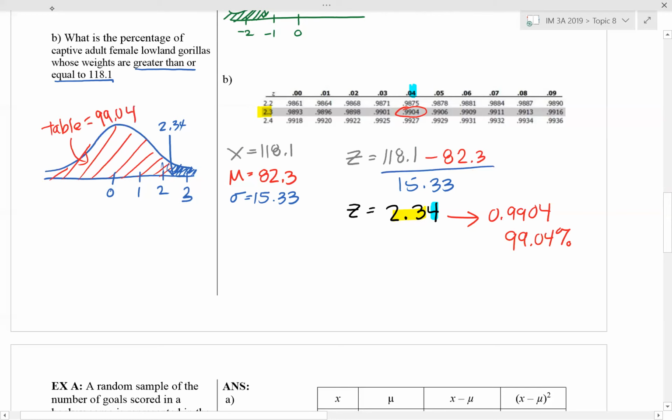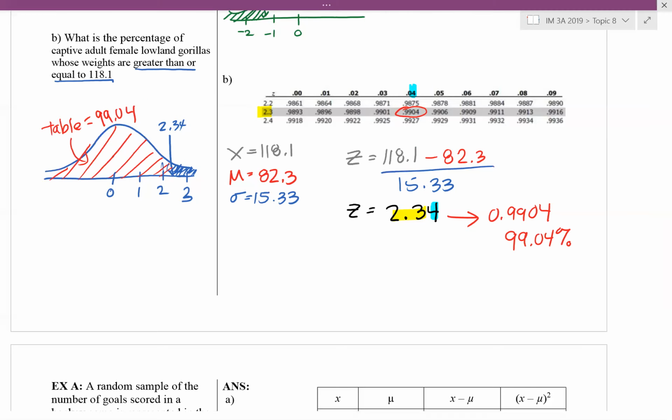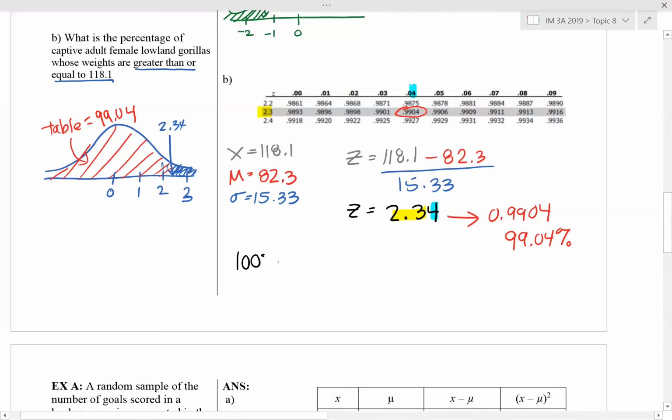So what I think about here is if I'm asking for something that's the opposite of what the table does, I'm just finding the rest, right? So that means that in order to find the rest, I'm going to do 100% minus 99.04%.